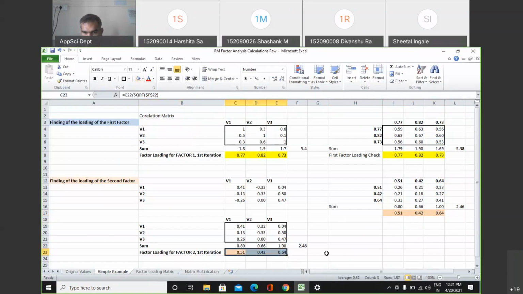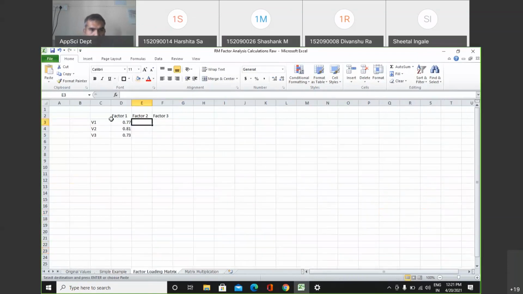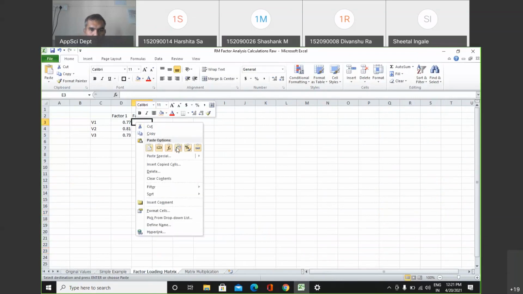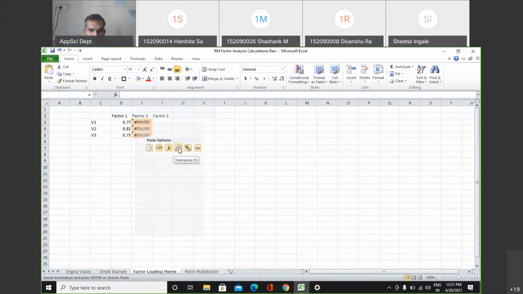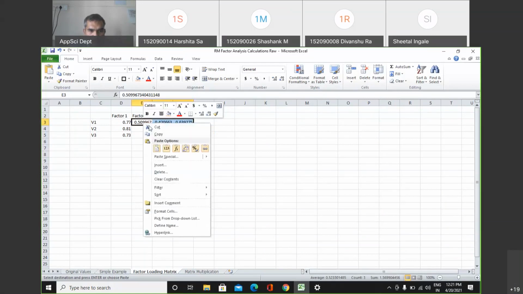So we can take this value there as the factor loading. Transpose rarely works. First we do this.